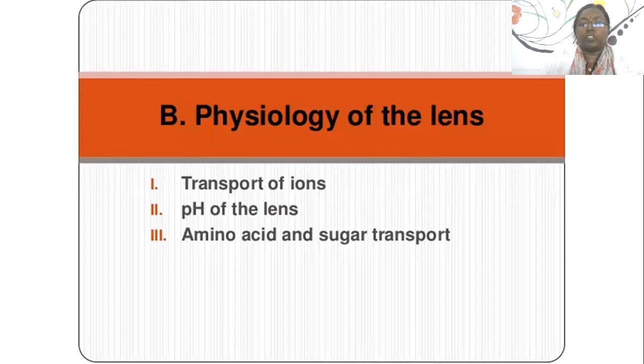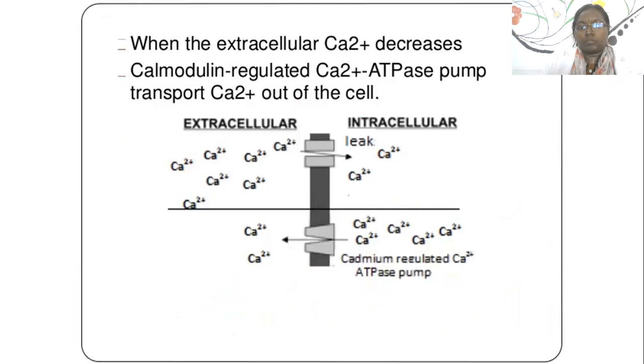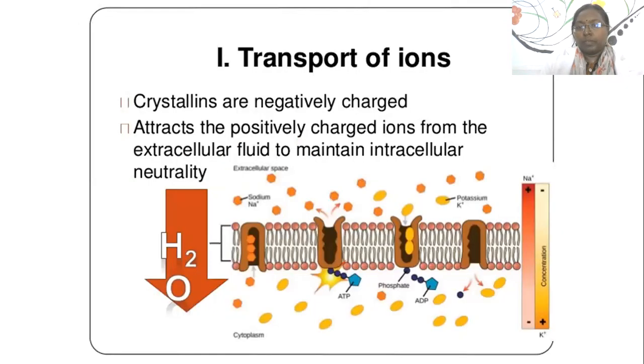More into the physiology of lens. So transport of ions. Crystallins are negatively charged. They attract positively charged ions from the extracellular fluid to maintain intracellular neutrality. The positively charged ions are sodium ions. For 3 sodium, 1 potassium is pushed outside.